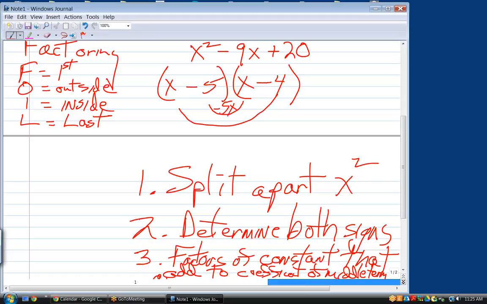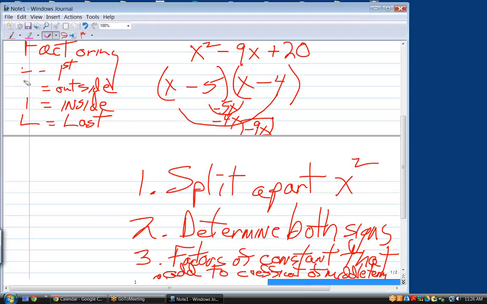When I multiply the outsides together, I'm getting that. Add those two things together, and indeed you get minus 9x. That means I've done it right. So my checking process is only a 2-step process, not a 4-step process. You understand? Yeah.